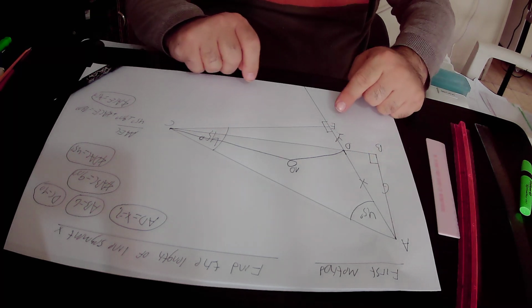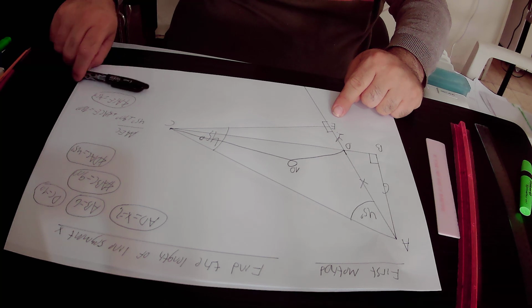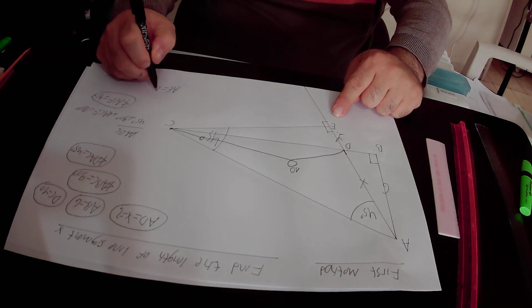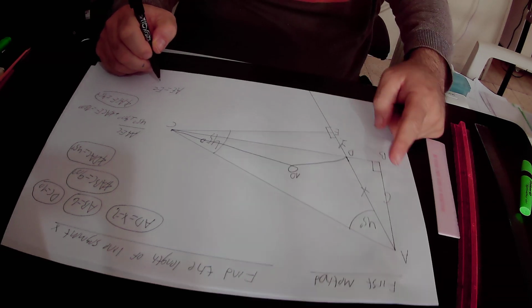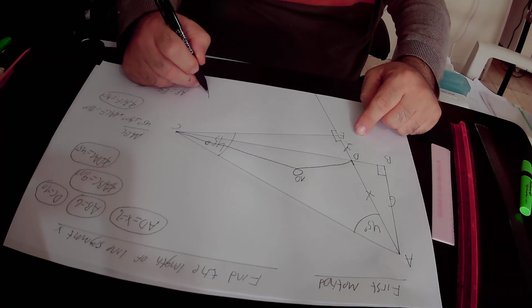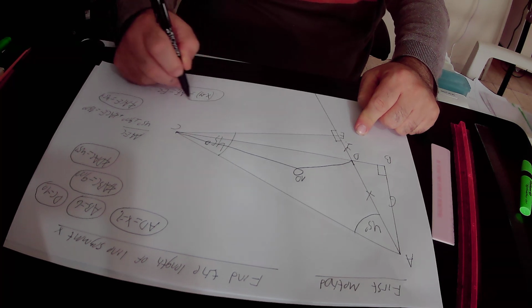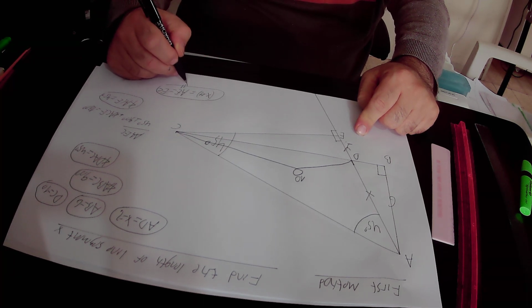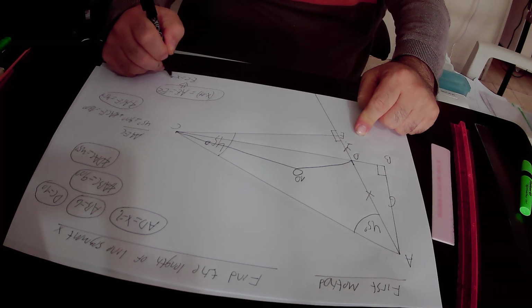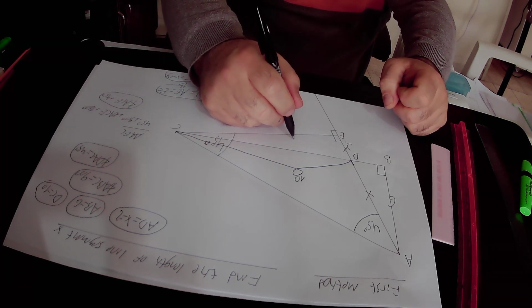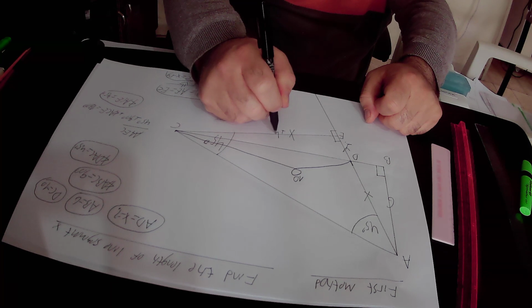That is to say, AE must be equal to EC, according to the rule that I mentioned, but AE equals X plus Y. So from this equation, X plus Y equals AE equals EC, we will derive that EC is also equal to X plus Y.